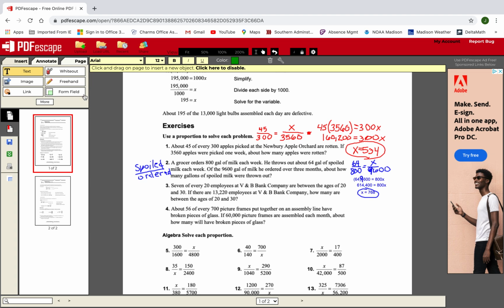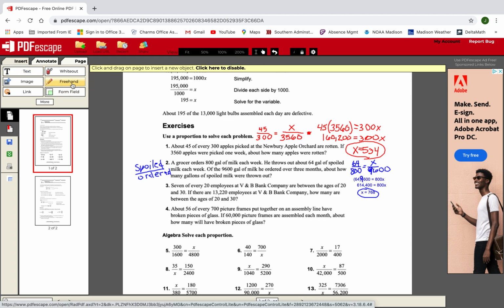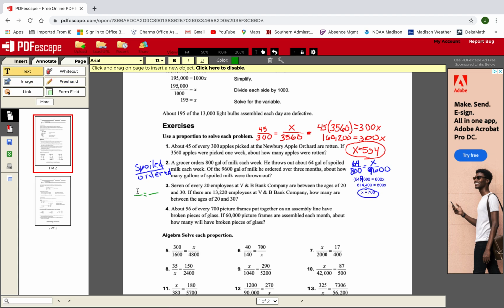Okay, so I'm going to set up a proportion, and then I'll just try to type into it. Okay. All right, so it says 7 out of 20. Okay, and if there are a total of 13,220, then my proportion sets up as 7 over 20 equals x over 13,220.